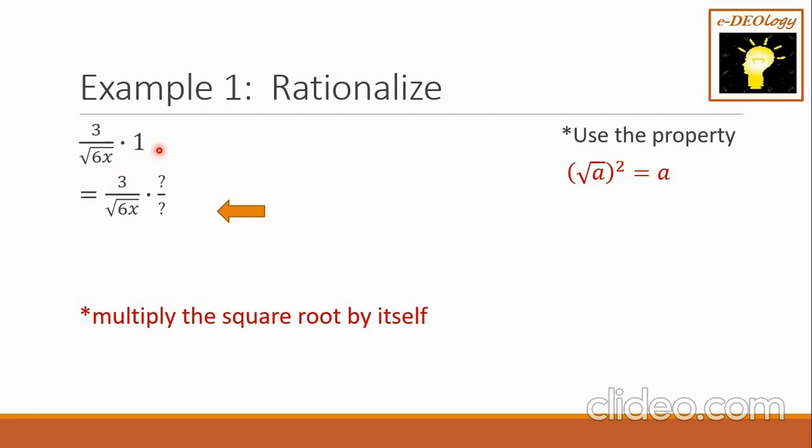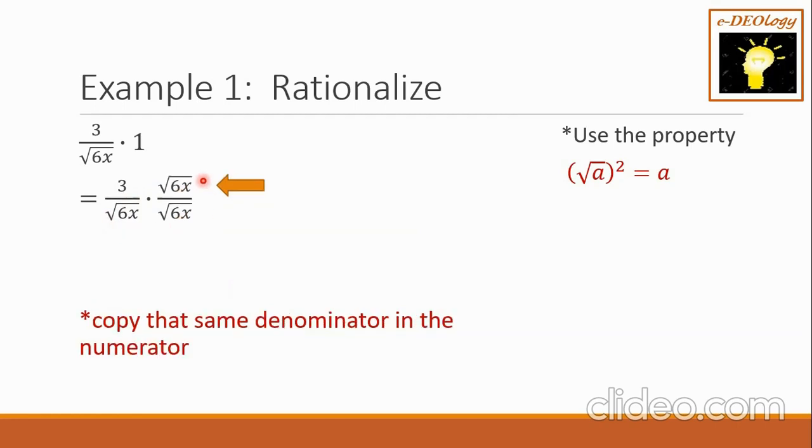The next is we're going to show that this one is a fraction. Please remember that our goal here is to remove this radical in the denominator. So there is a clue that we will multiply the square root by itself. It means in this denominator, we're going to use that same value of the square root of 6x. And for the numerator, we're going to copy that same value. So this square root of 6x over the square root of 6x is a value that is equal to 1.